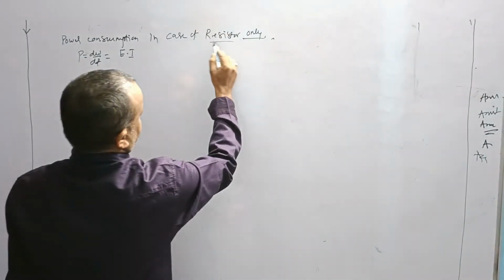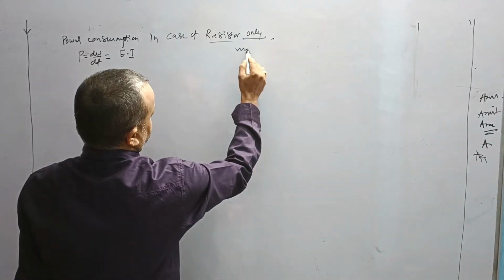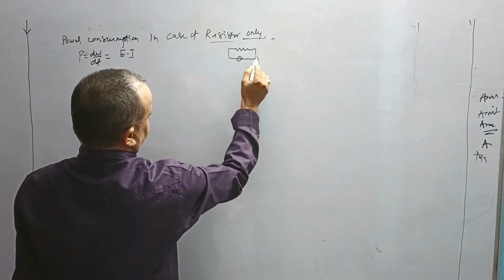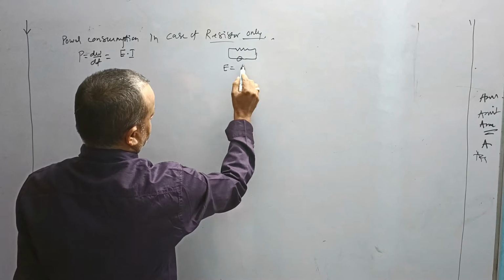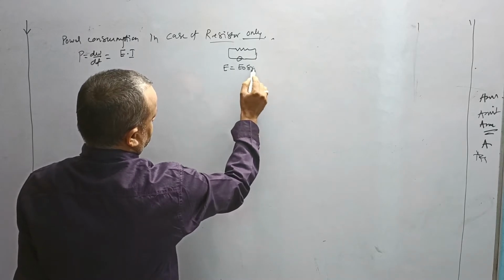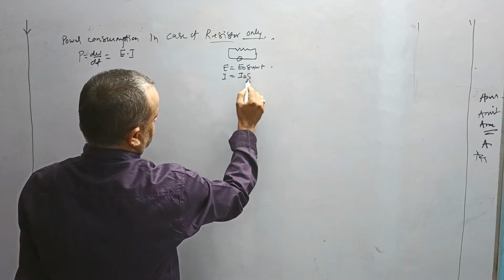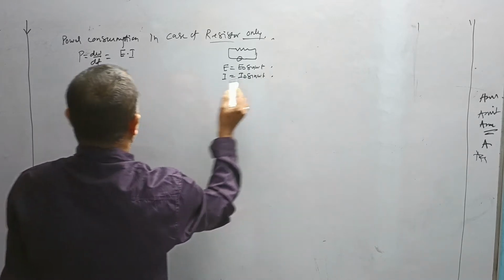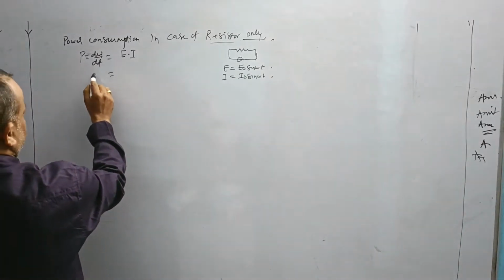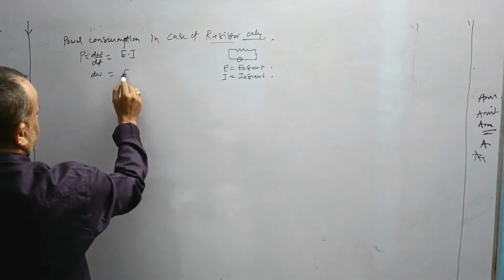What we are doing is considering the case of resistance. We know that in the case of resistance, E is equal to E naught sin omega t and I is equal to I naught sin omega t. We will place these values and integrate.